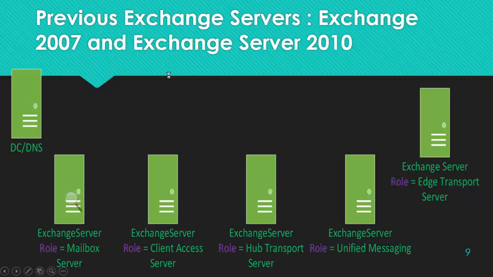In Exchange 2013, we briefly talked about the roles, which were just 3 roles. In Exchange 2010 and 2007, there were actually 5 roles, right? There is the Exchange Server Mailbox role, which is the same in Exchange 2013. Then there is the Exchange Server Client Access role, which is the same in Exchange 2013. But the Hub Transport role and Unified Messaging role have been removed in Exchange 2013.